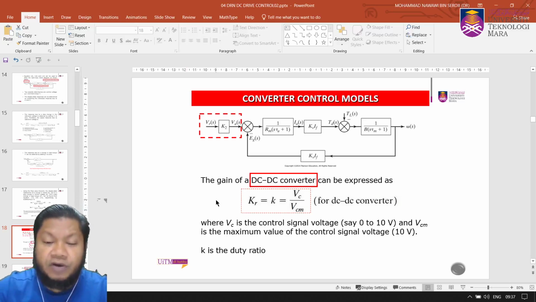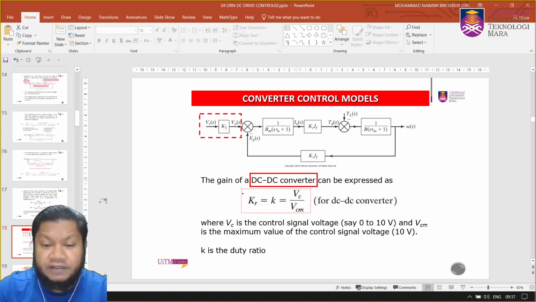Okay, so for doing that, we need a transfer function as well. For the DC-DC converter, we have this KR, and KR equals the duty ratio. Sometimes you put it as D, sometimes it's a delta, whatever it is, but this is the duty ratio of the DC-DC converter.